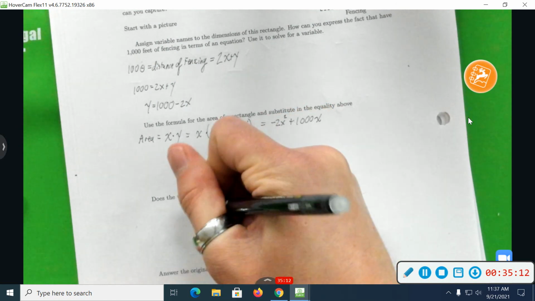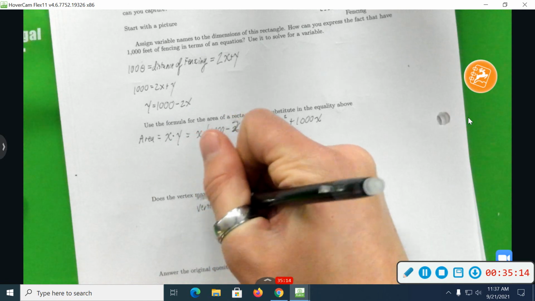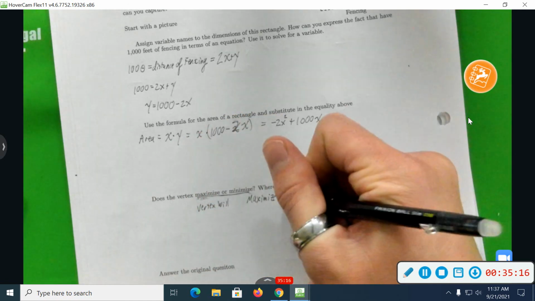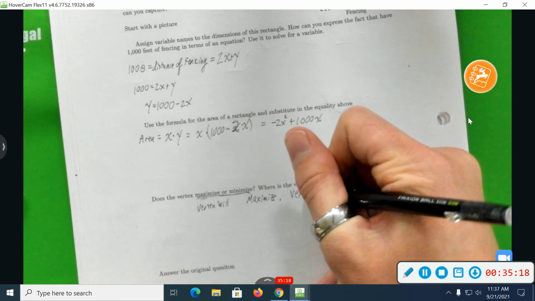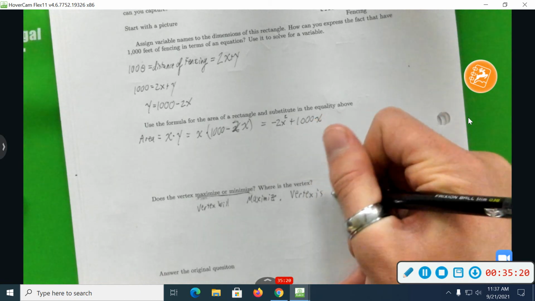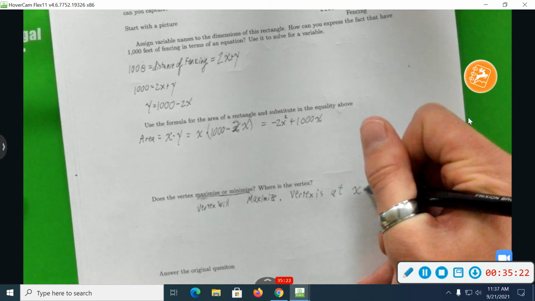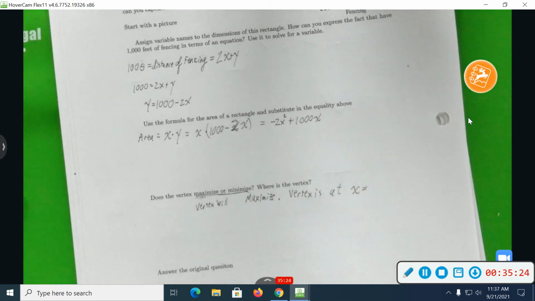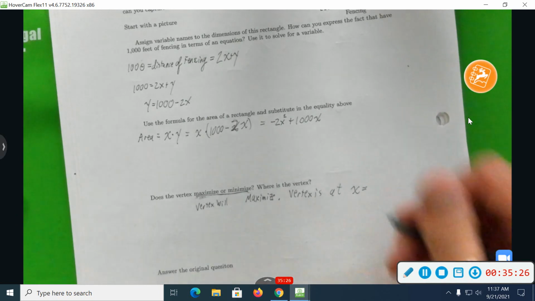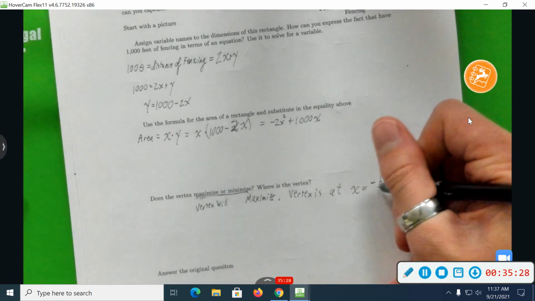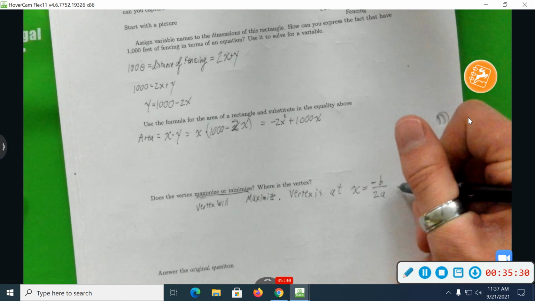So the vertex will maximize, and we have a formula for the vertex. It is negative b over 2 times a.